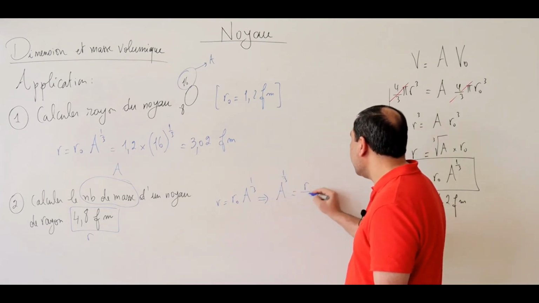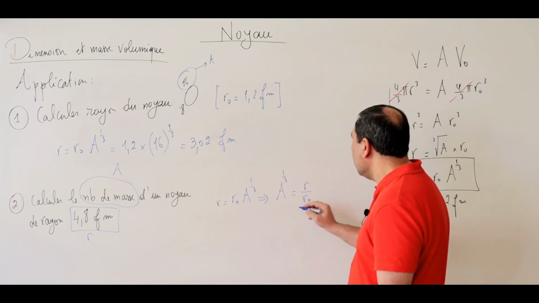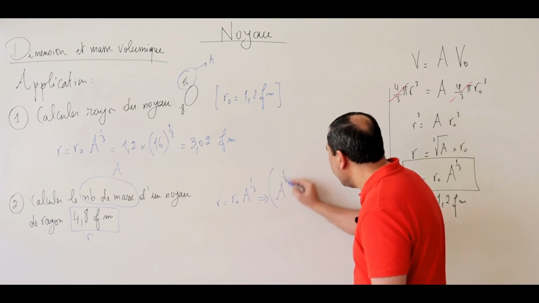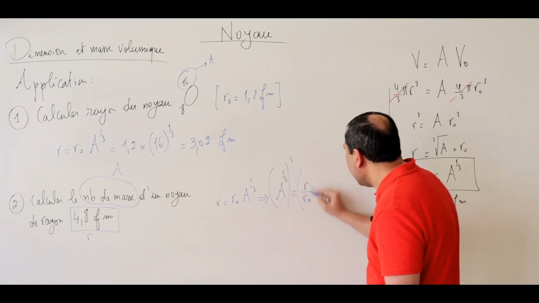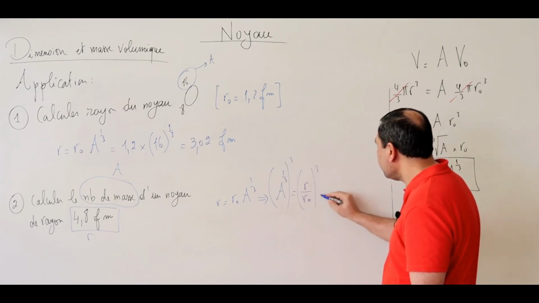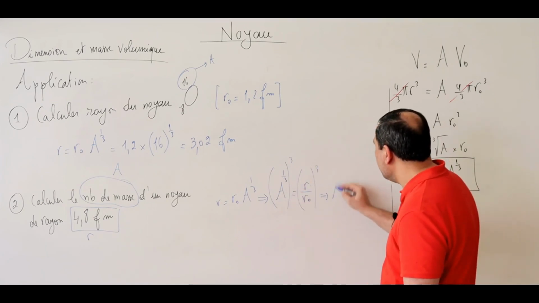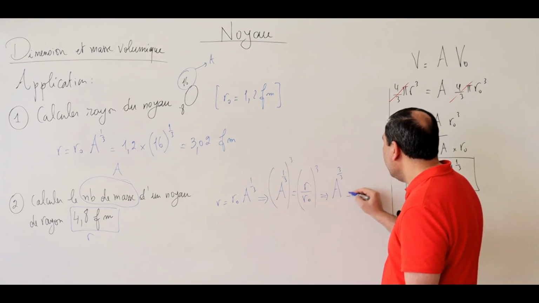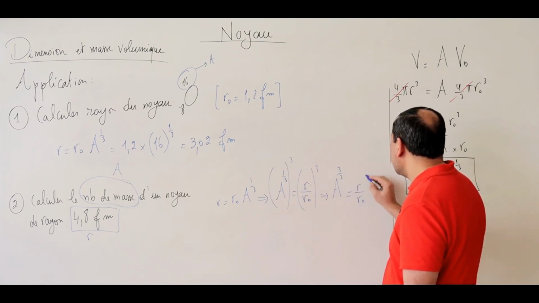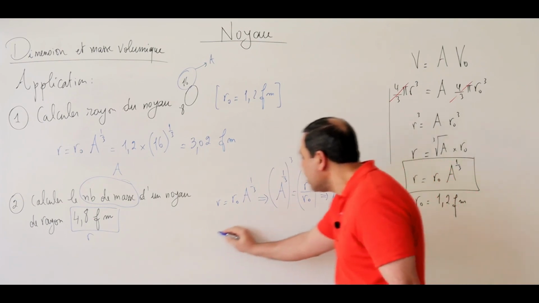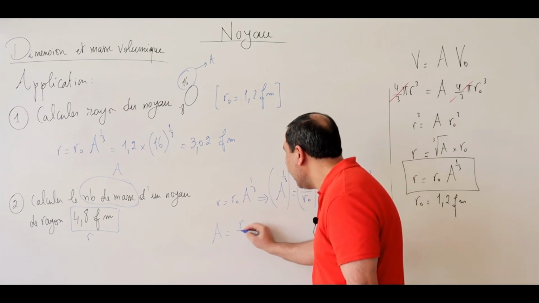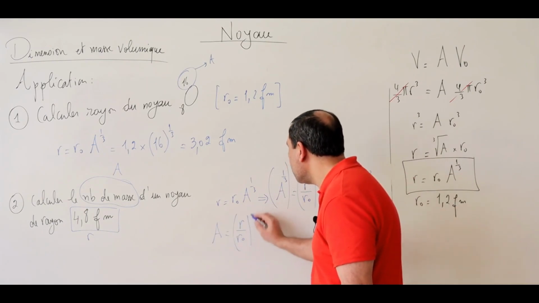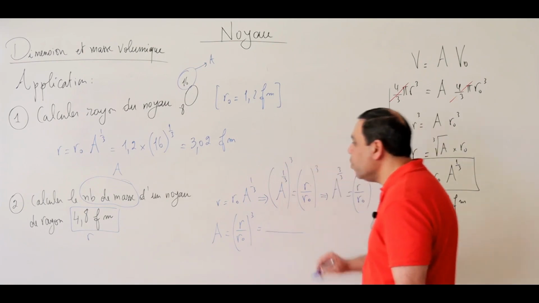A exponent 1 over 3 equals R over R0. We cube both sides. We obtain A exponent 3 over 3. This equals R over R0 exponent 3. As a result, A equals R over R0 exponent 3.